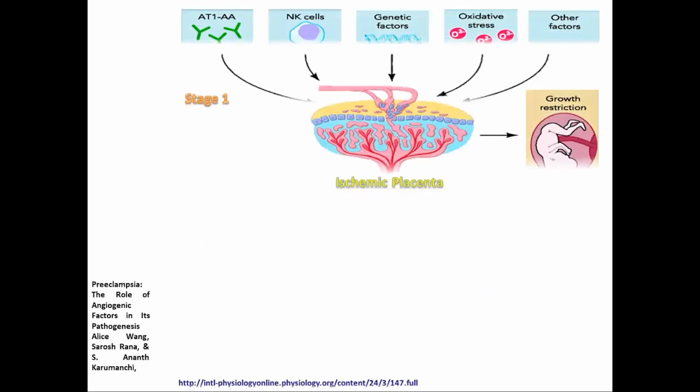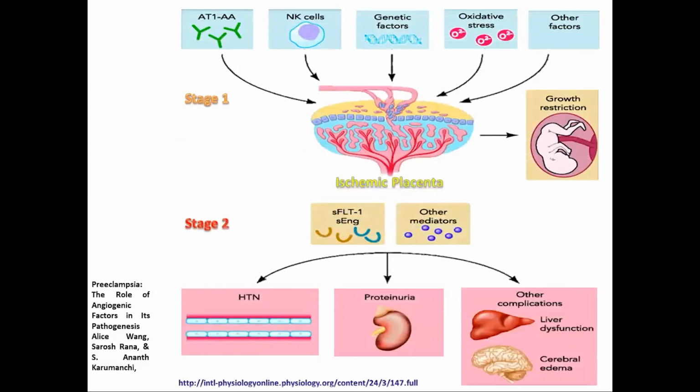This slide shows us the other etiological or predisposing factors for the placental insufficiency, which is the dominant feature of preeclampsia. It starts in phase 1, which is asymptomatic. We have immunological factors such as autoimmune antibodies, the NK cells, the genetic factors, the oxidative stress, and other factors.